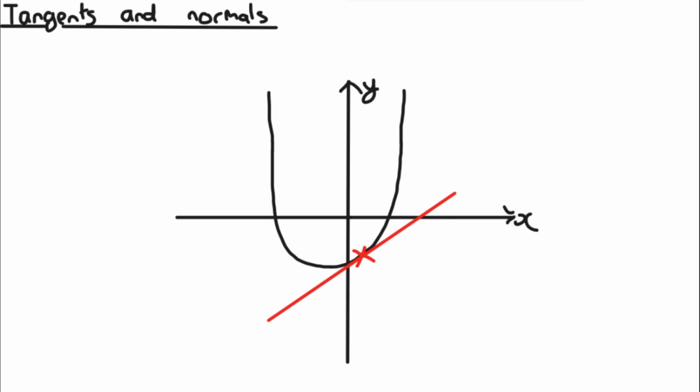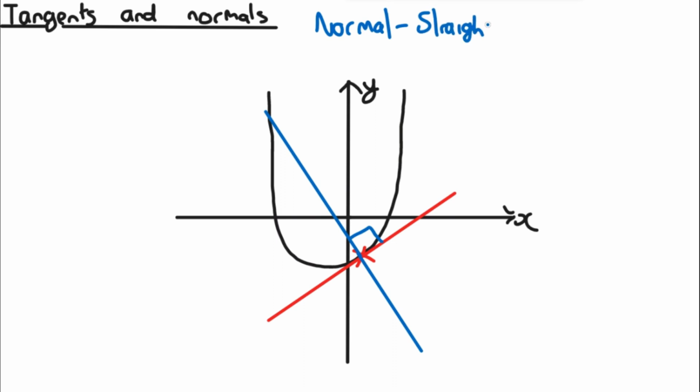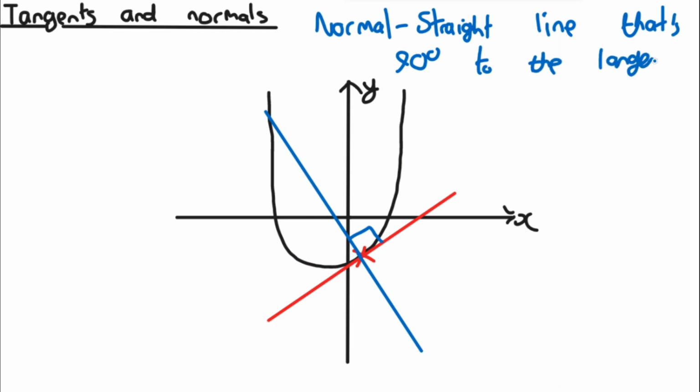So they might also ask you to find the equation of a normal. This might not be a term that you've heard of before. So here is a graph and we have a tangent on the graph. A normal is a straight line that's 90 degrees to the tangent and passes through the same point.